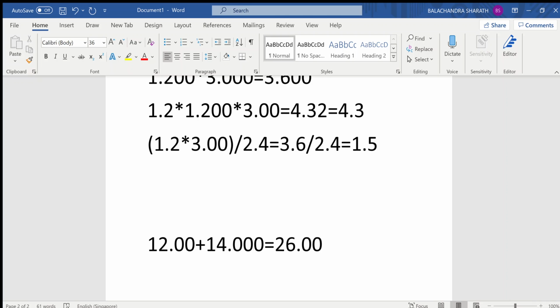For example, if I have a subtraction, let's say 14.500 minus 14.4.